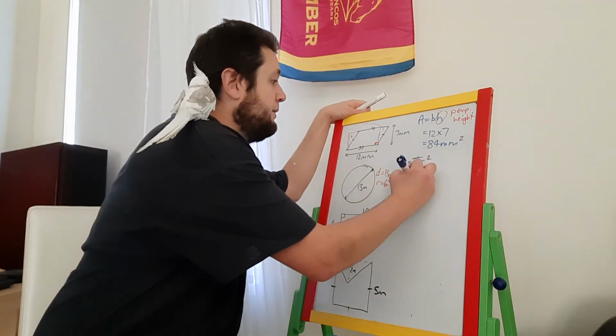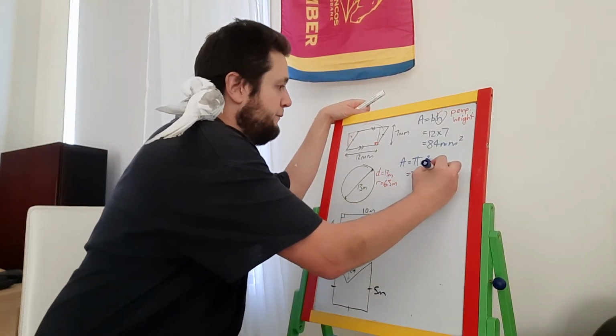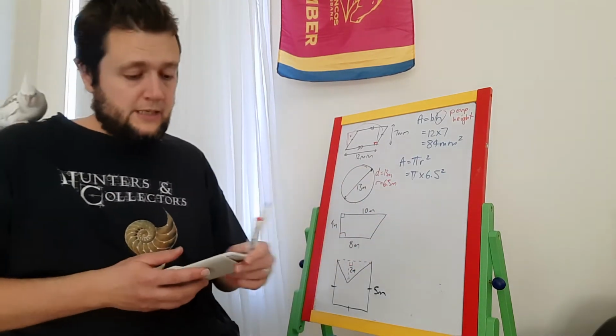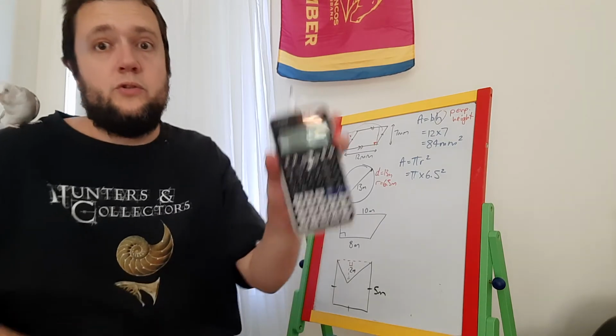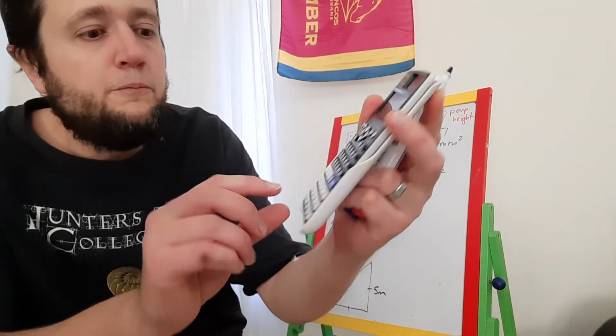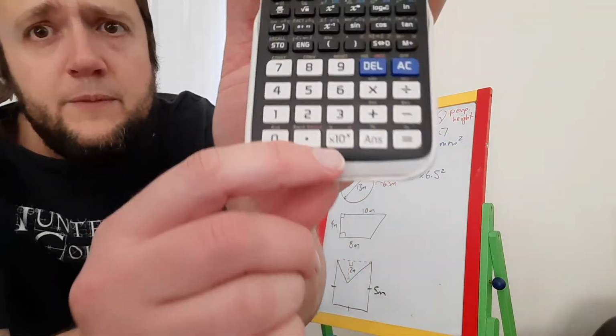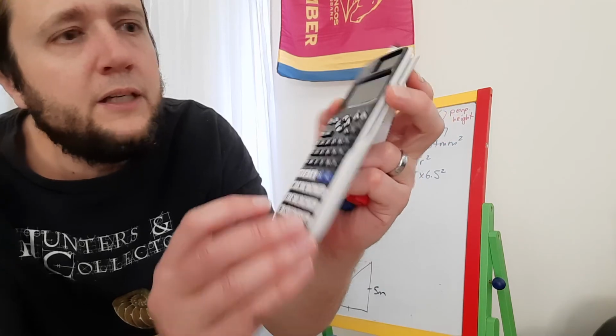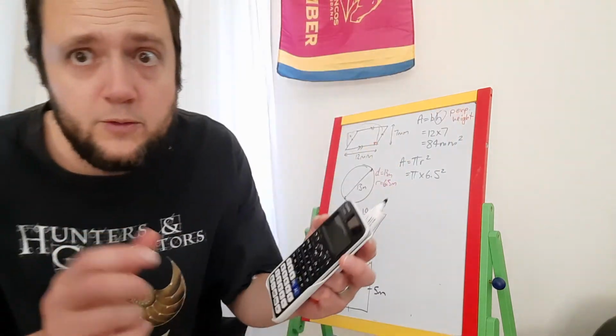So area will be pi times 6.5 squared. At this point, you need a calculator. Really want you to use the proper value of pi, which is under the times 10x button on the Casios normally. So we go shift the 10x button and it puts a proper pi there. That's what you want.